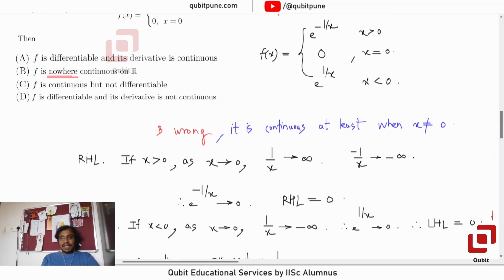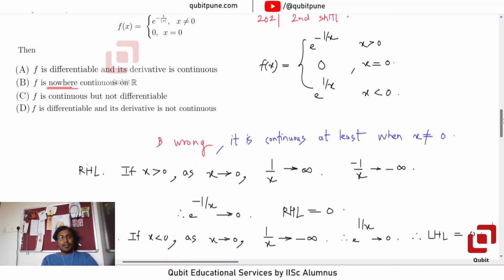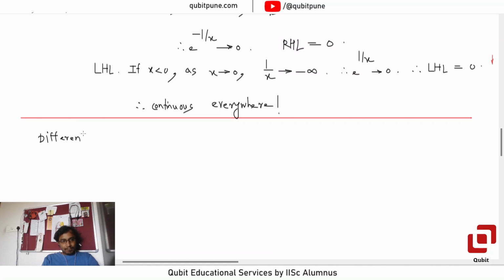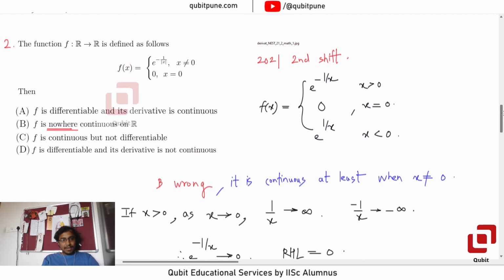I don't see any problem regarding the differentiability of this function at non-zero values. You know how to differentiate it, isn't it? So let us investigate its differentiability at x equal to 0.